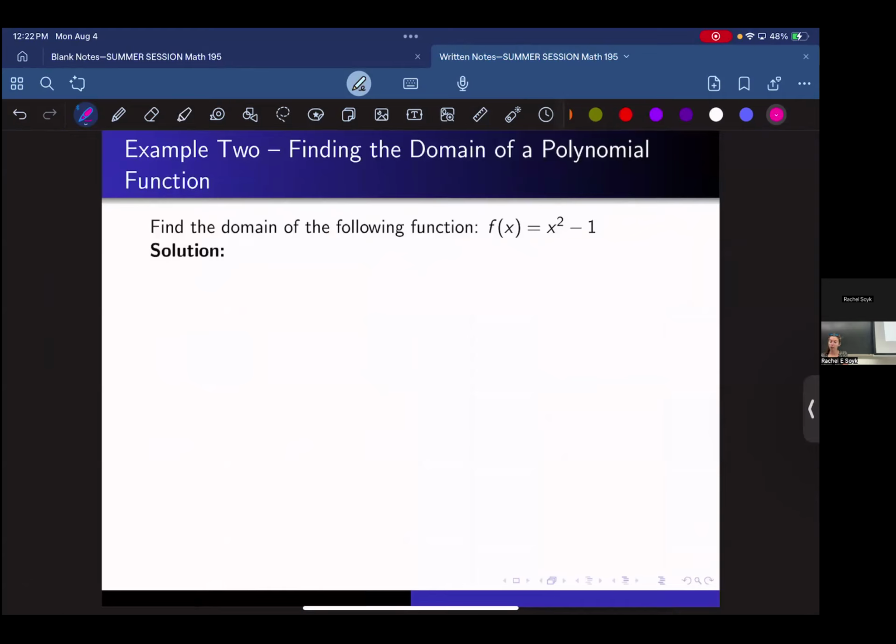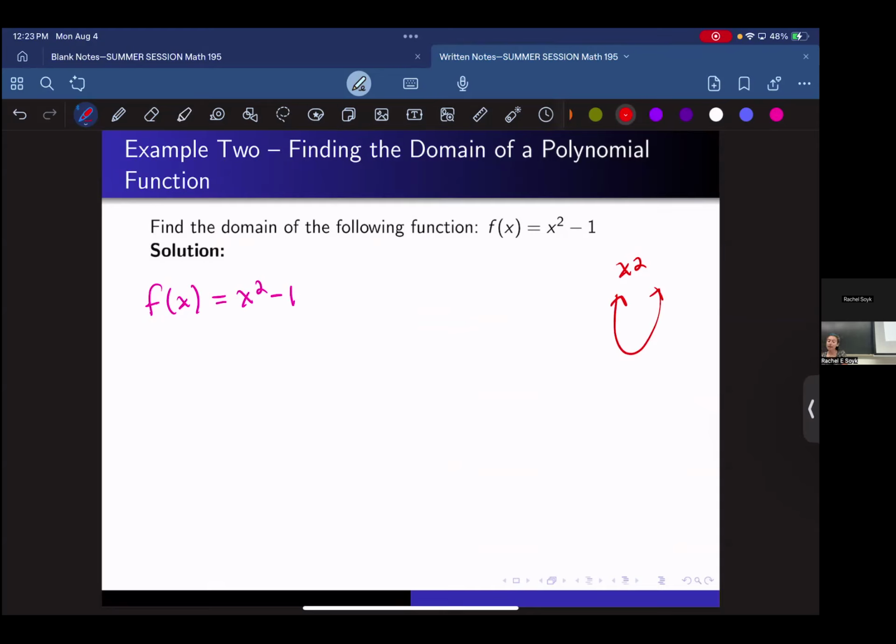Example 2, now we're asked to find the domain of this polynomial that we're given, which is x squared minus 1. This is where those toolkit functions really come in handy, because we know that x squared is just our parabola over here.